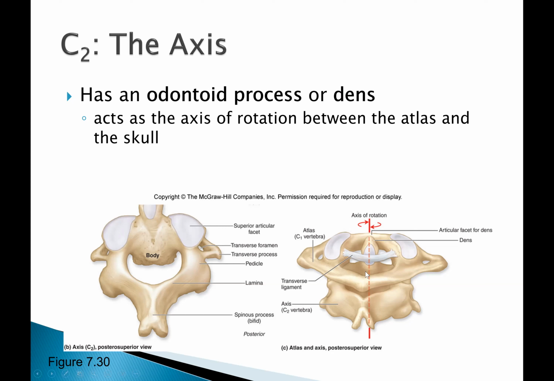So when you're shaking your head no, no, no, it can rotate along this axis. That's why you call it the axis. So you have the dens, with the transverse ligament across it, allowing your atlas to rotate across the axis. So that's C1 and C2.